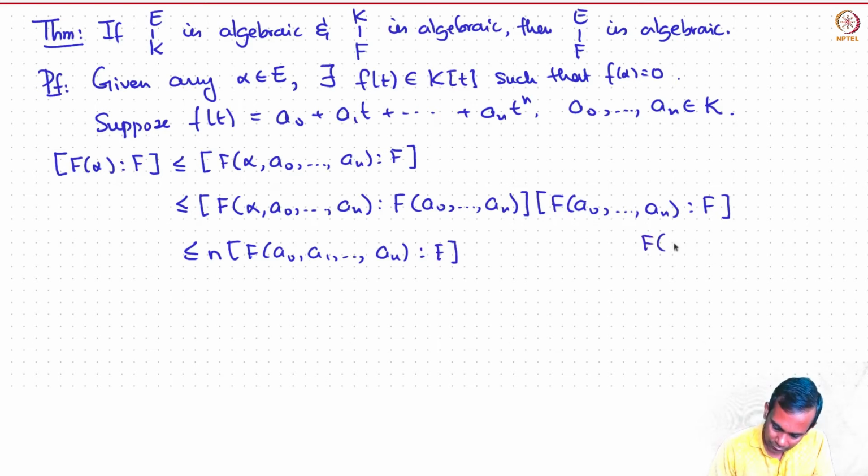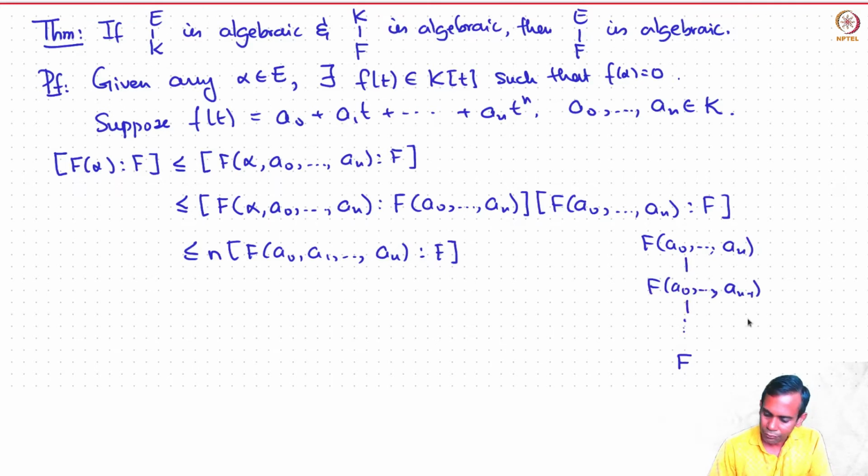We have F a0 ... an over F a0 ... an minus 1 all the way down to F, and the degree of this is less than or equal to the degree of an over F, because the degree of an over F a0 ... an minus 1 is less than or equal to the degree of an over F: if it satisfies a polynomial of a certain degree in F, that polynomial can be regarded as a polynomial in F a0 ... an minus 1. So all these steps are finite, and so this is finite.